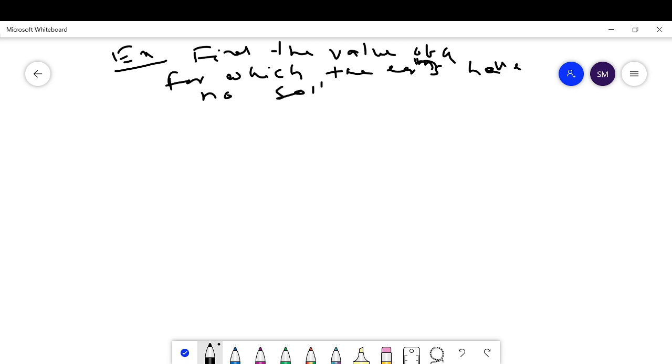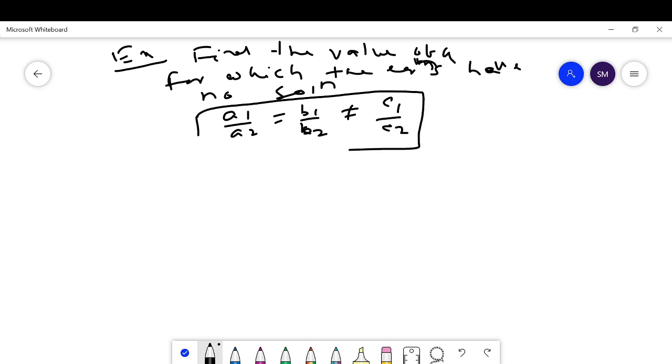What is the condition for no solutions? A1 upon A2 is equal to B1 upon B2 but not equal to C1 upon C2. This is the condition for no solutions.